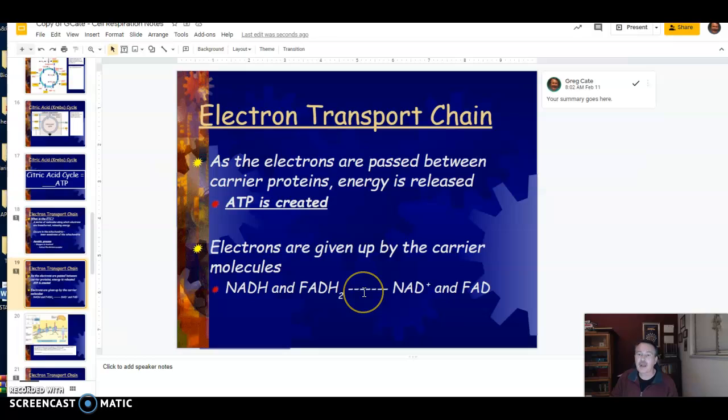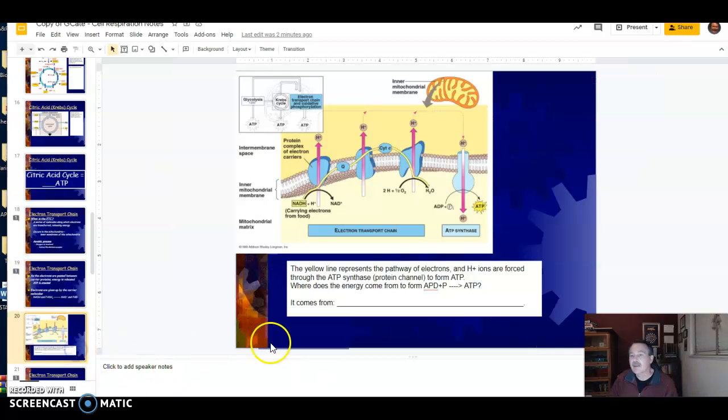The electrons are passed between the carrier proteins, and eventually you're going to be generating some ATP. Okay, so in other words, this slide here is just another reiteration of what the last slide just stated also.